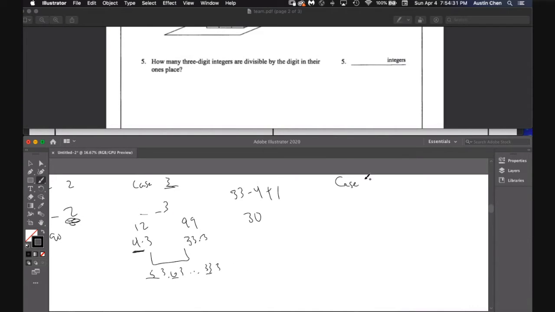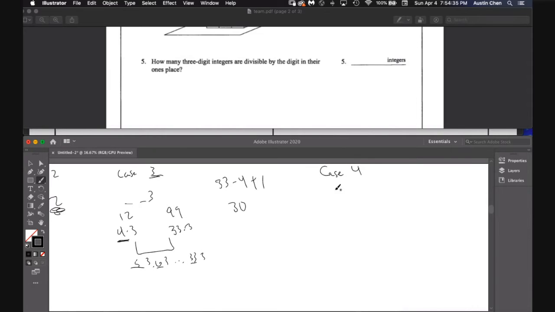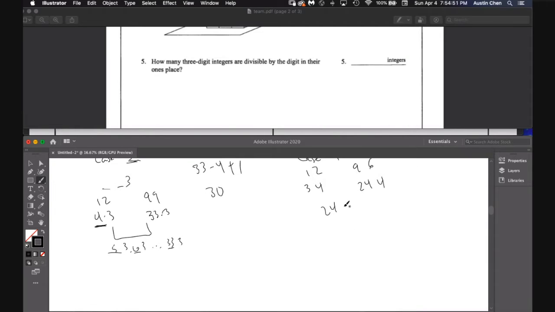And then case 4, we just need to look at how many two-digit numbers are divisible by 4. We can just do the same thing. So 12 is going to be 3 times 4, and then 96 is going to be 24 times 4. So then this would be 24 minus 3 plus 1, which would be 22.